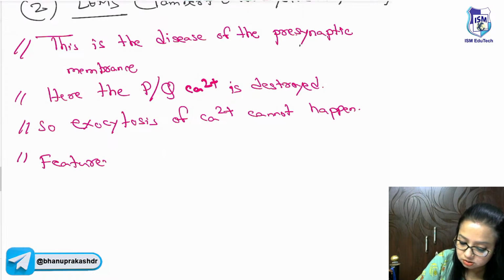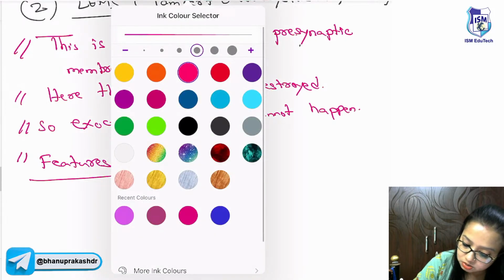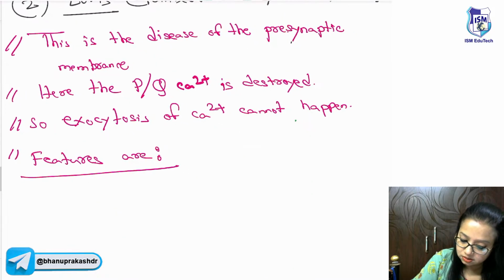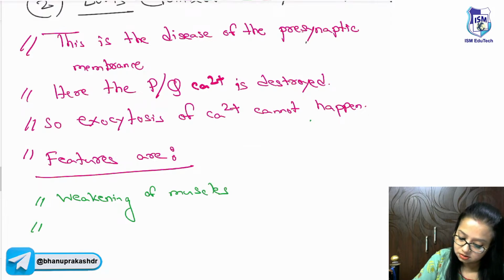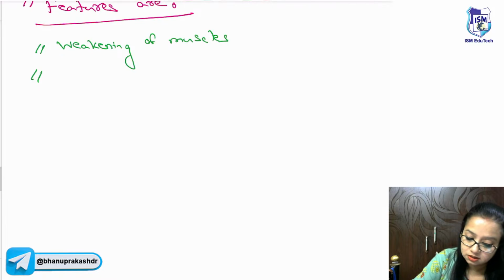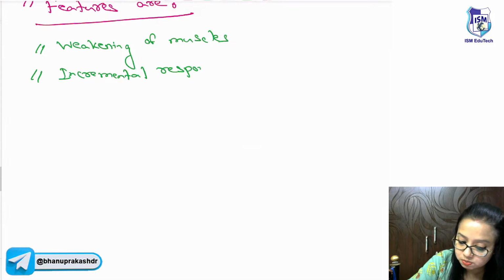Features are, as in manifestation, what are the features that are found? Weakening of muscles, but incremental response to stimulus.